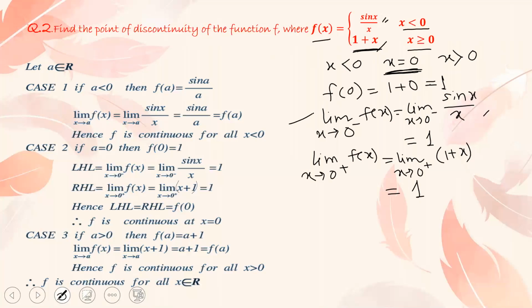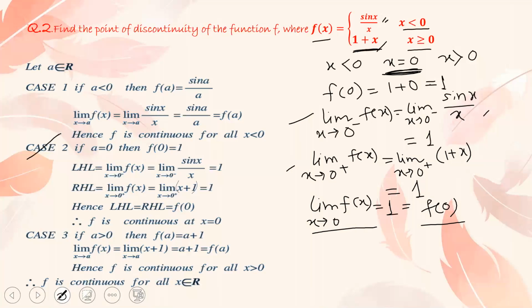Since the right hand limit and the left hand limit are both equal, we can say the limiting value exists, that is, limit of f of x as x tends to 0 exists and it is equal to 1, which is again equal to f of 0. So check the definition of a continuous function, that is, the limiting value at that point and the functional value at that point. If they are equal, hence the function is continuous at the point x equals 0.